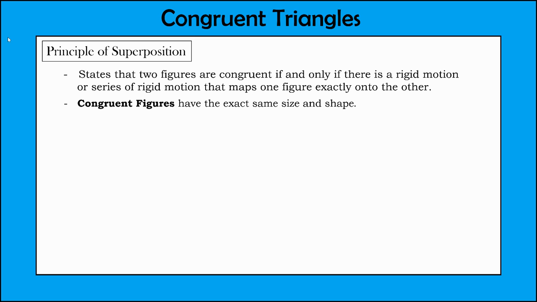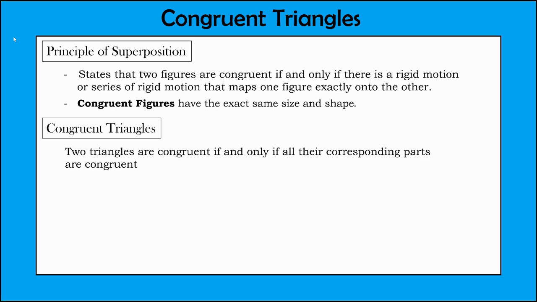All right. So congruent figures are Xerox copies. They got to have the exact same size, exact same shape. Now, congruent triangles, we just say two triangles are congruent if and only if all their corresponding parts are congruent. Now, when we talk about corresponding parts, what are we talking about? Well, we're talking about the three sides and the three angles that make up the triangle.